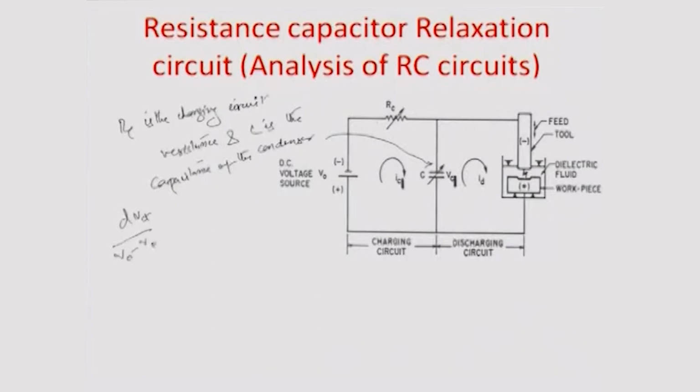Okay. So, dVC(t) by (V0 minus VC(t)) is 1 by RC dt, or if you integrate it in time, you get ln(V0 minus VC(t)) is actually equal to minus t by RC plus K1.